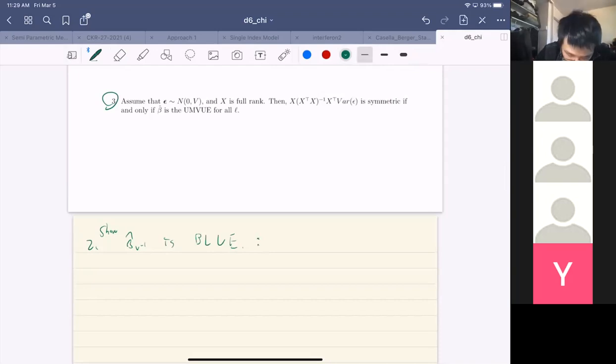We know that beta hat, V inverse, is the argmin of this.